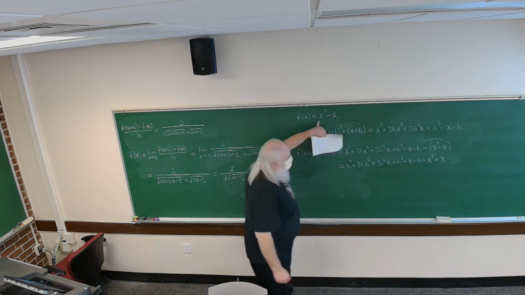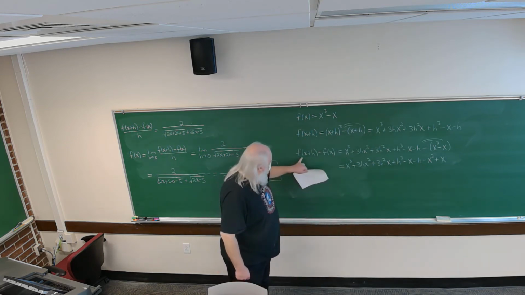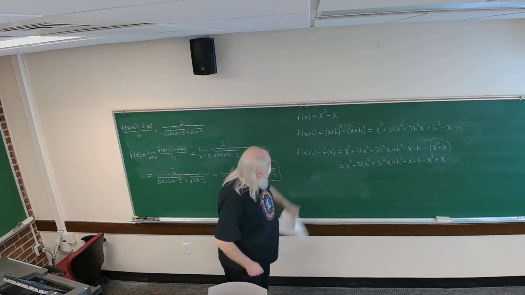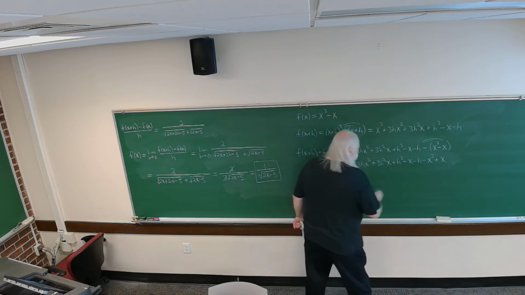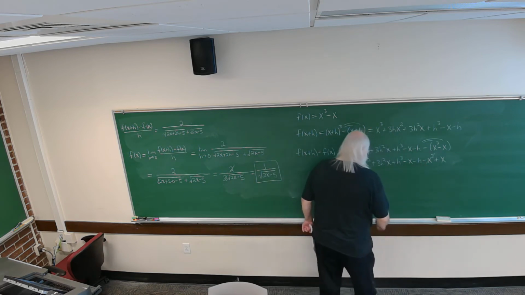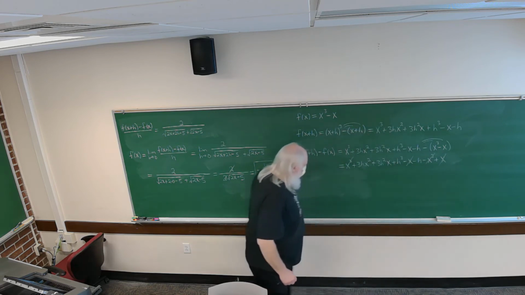And this is a polynomial, right? So when you subtract f of x from f of x plus h, all the terms in the polynomial should cancel. And you notice we have x cubed minus x cubed, minus x plus x, right? They all cancel.